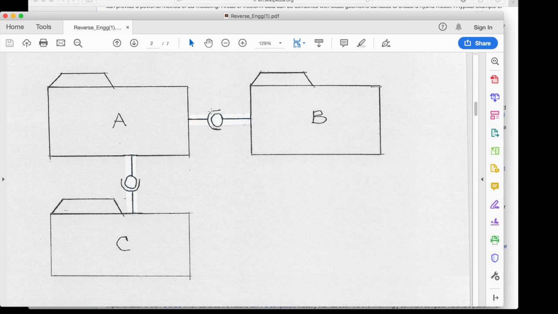And a socket, this open symbol here, open line and a semicircle, is a socket. The ball fits inside a socket. So the socket represents I need service from another component or package. So ball, I provide service.